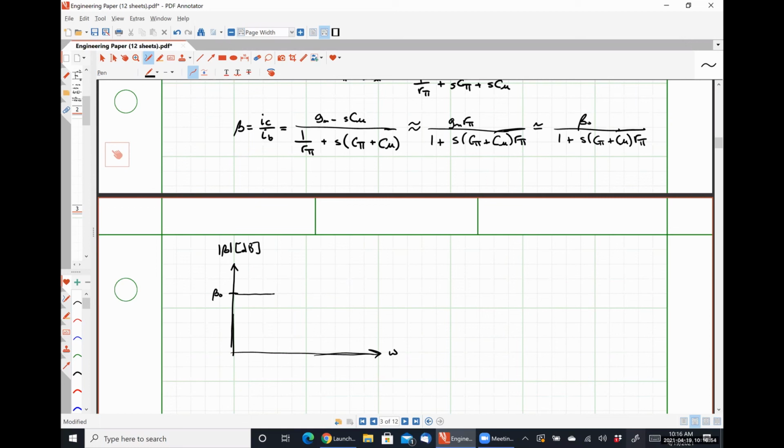And I'm going to try to construct a Bode plot. So we have a single pole. Let's call this guy omega t. So that's what my Bode plot would look like. Here's my decay of negative 20 decibels per decade because I only have one pole.